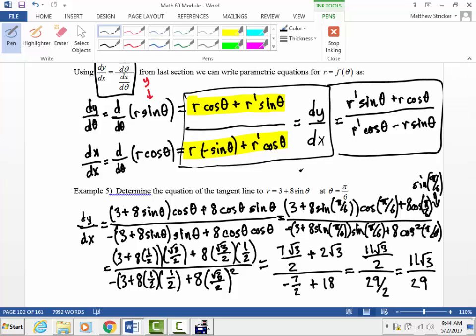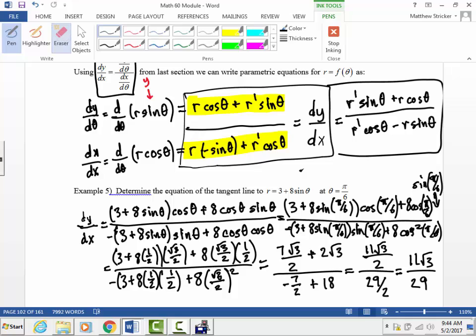When you square root 3, you get 3, and 8 times that over 4 is 2. Oh, I made a mistake. You're right, it's not 18.